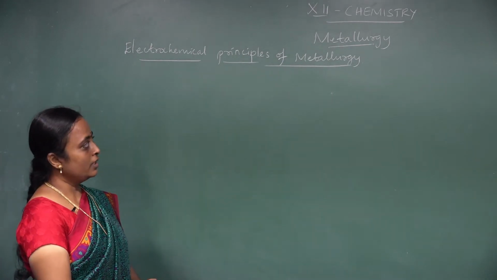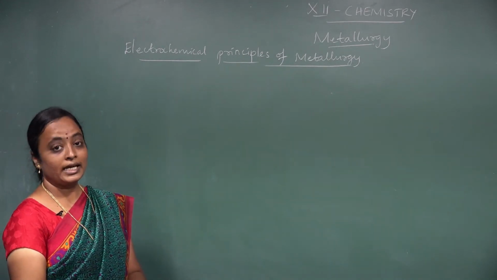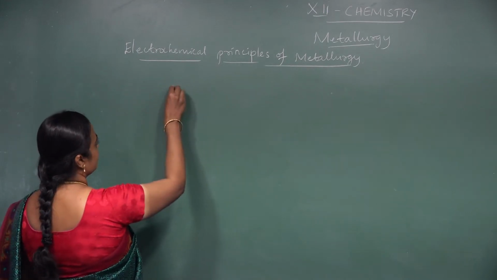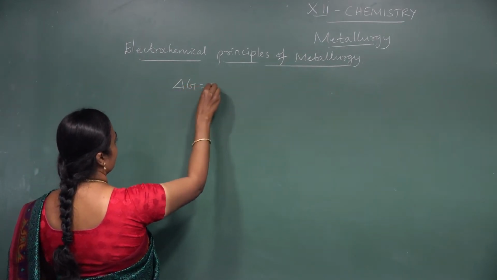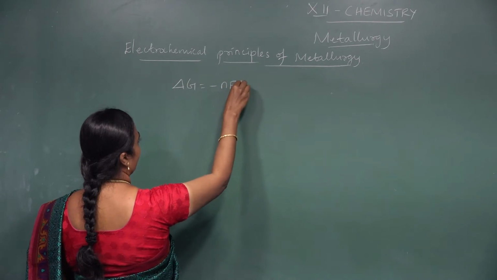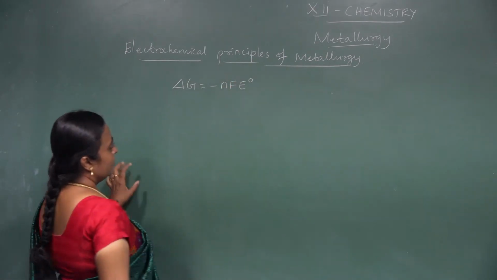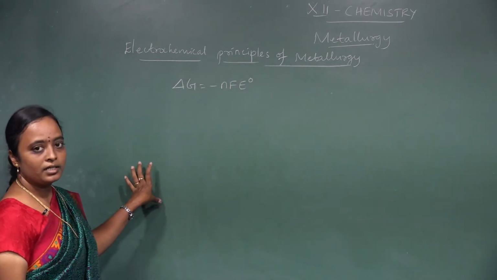By applying one expression, that is ΔG equals minus nFE naught. This is the Gibbs free energy function.